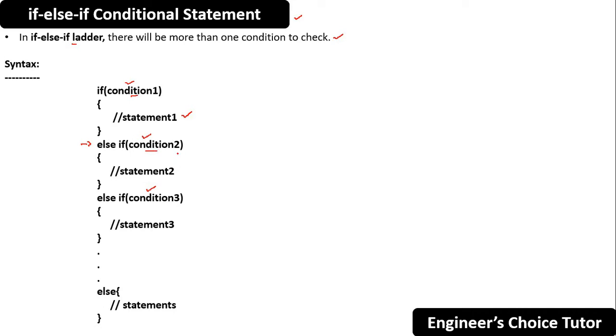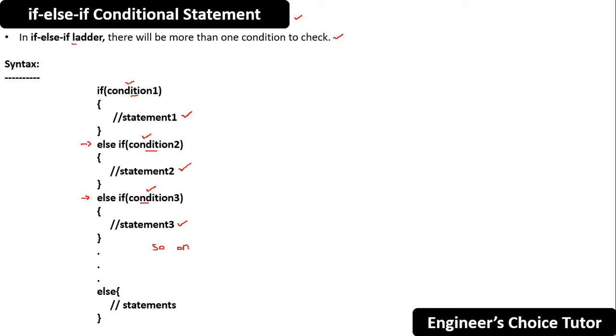And if condition 2 is true, then statement 2 will execute. If condition 2 is false, then the control will come here and it will evaluate condition 3. If condition 3 is true, then statement 3 will execute, right? And so on. This is the flow.